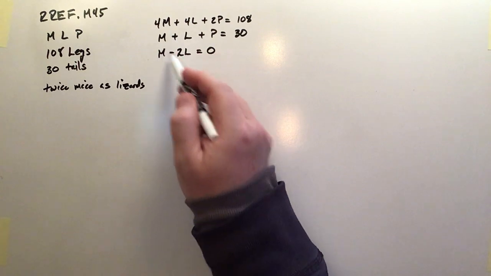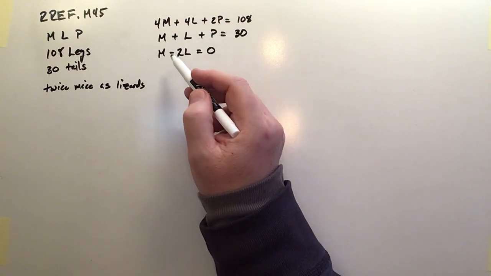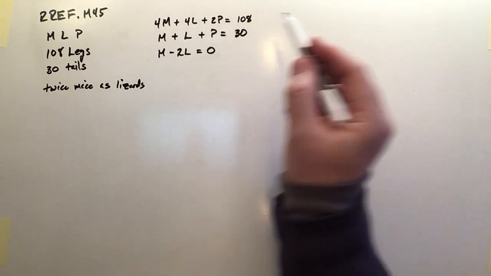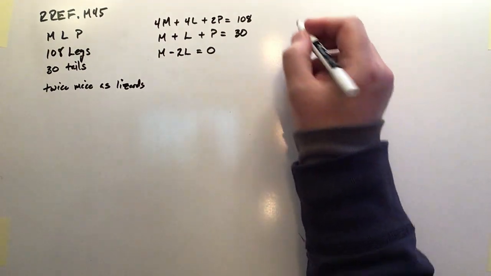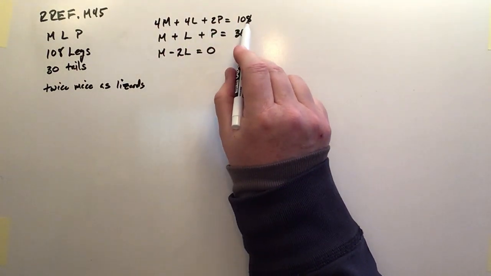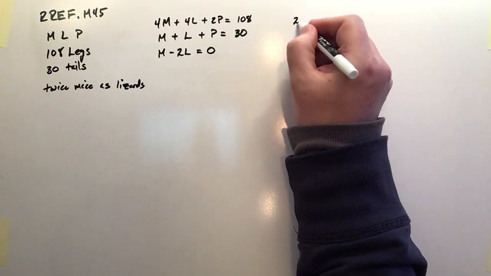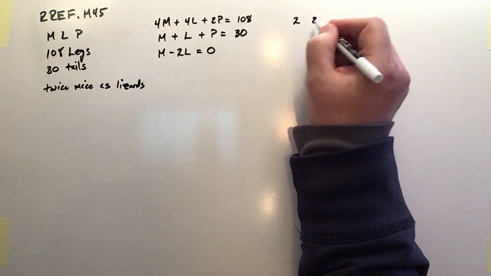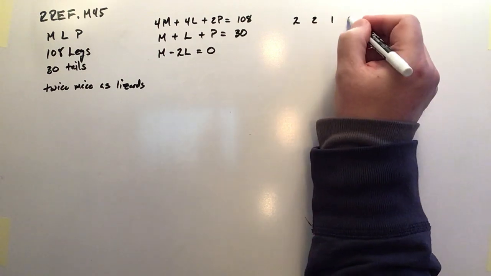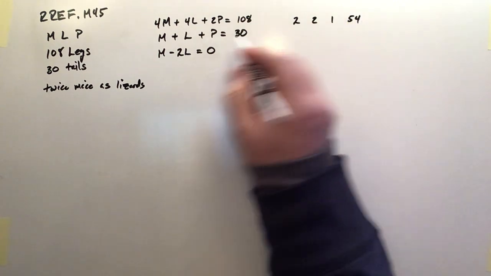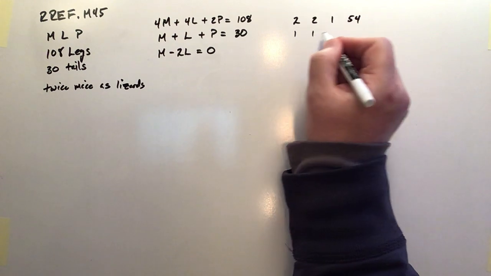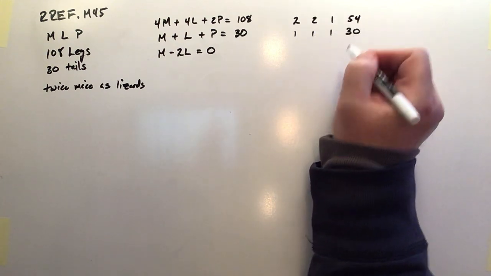I can now turn this into an augmented matrix. I'm going to reduce the first equation down, so it's really going to be 2, 2, 1, and 54. The second equation is 1, 1, 1, and 30.